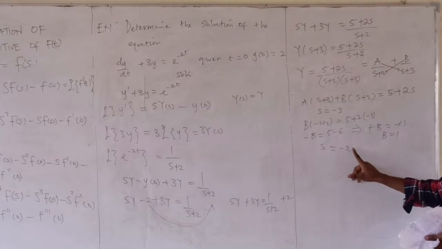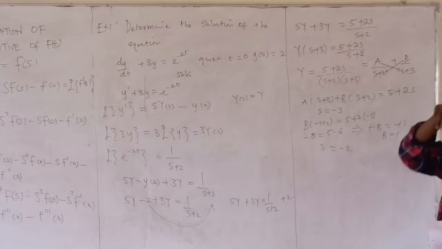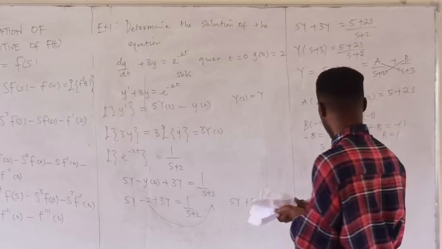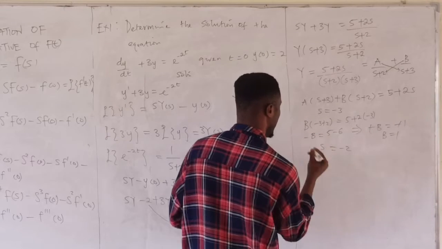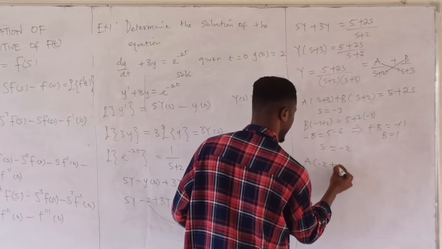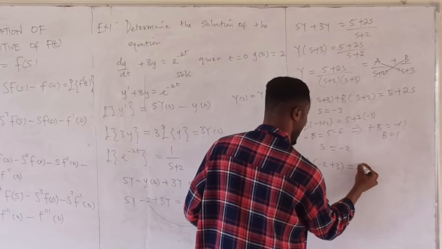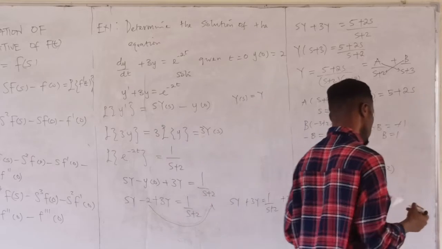To eliminate b now, we can see let s equals minus 2. If s is equal to minus 2, if I put minus 2 into this b, you can see that b easily goes to 0. So what we have there is only a on the left and the right hand side. We have a into minus 2 plus 3, which is equal to 5 plus 2 into minus 2.